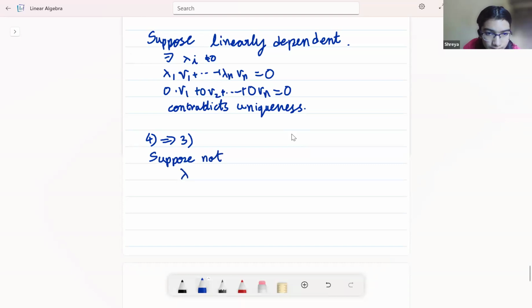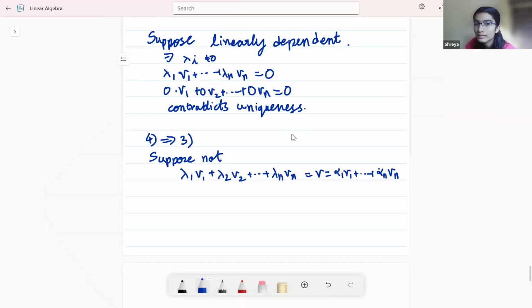Then there's some v such that lambda 1 v1 plus lambda 2 v2 and so on equals v, and it can also be written as alpha 1 v1 plus so on alpha n vn. We need to show that lambda i has to be equal to alpha i for all i.